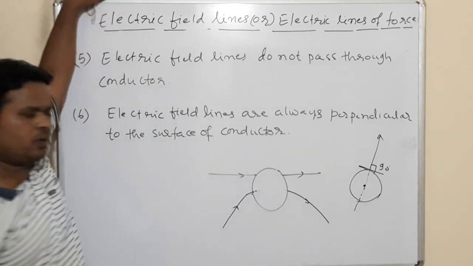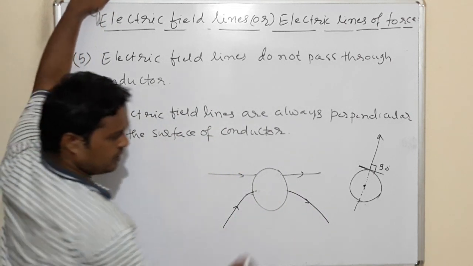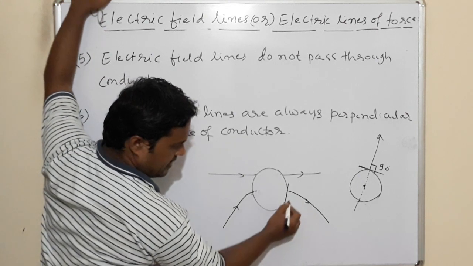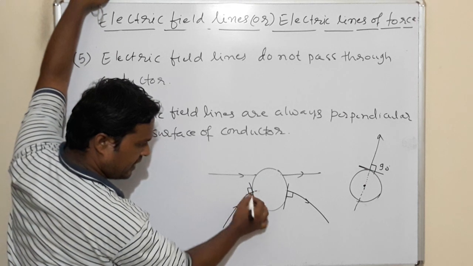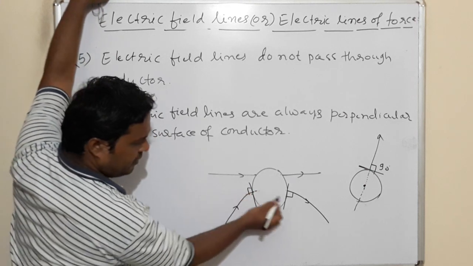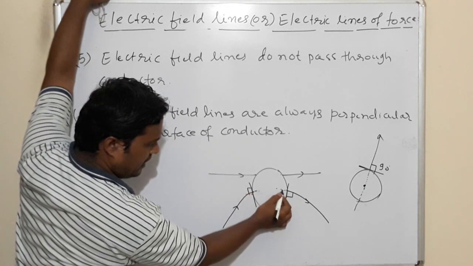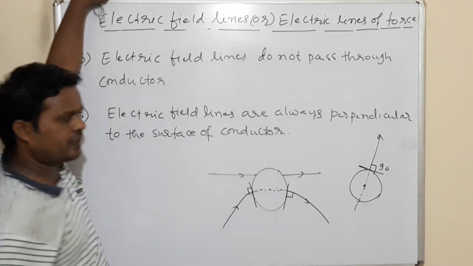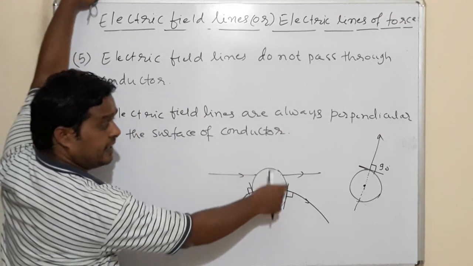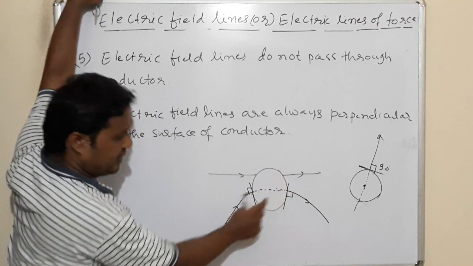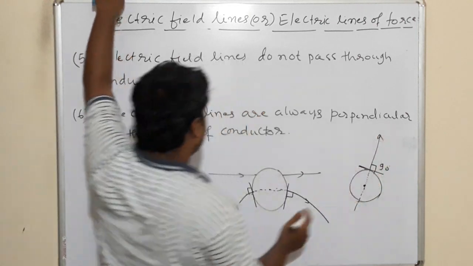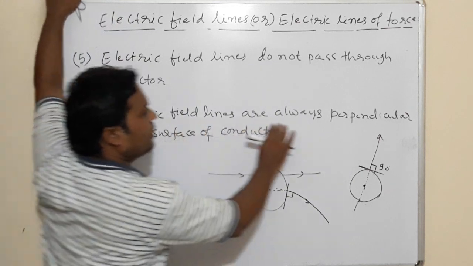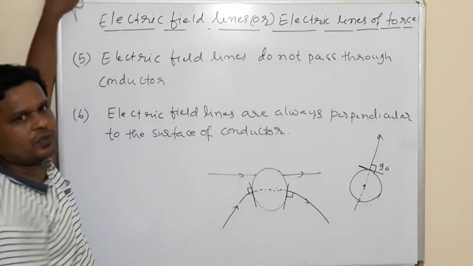Is it perpendicular to the surface of the conductor? Yes, because if I draw a tangent here, it is making 90 degrees. If I draw a tangent here, it is making 90 degrees. Or if I imagine this is brought back in the same direction, it will pass through the center. Then we say that this line is perpendicular. This is not perpendicular, this is perpendicular. This is also perpendicular. That means electric field lines will always be perpendicular to the surface of the conductor.